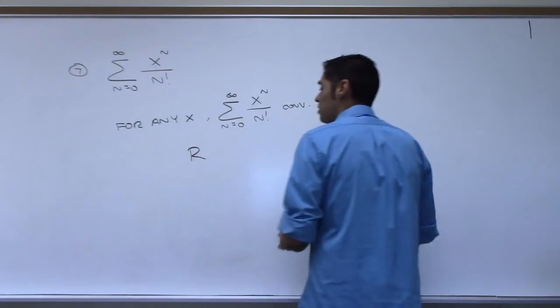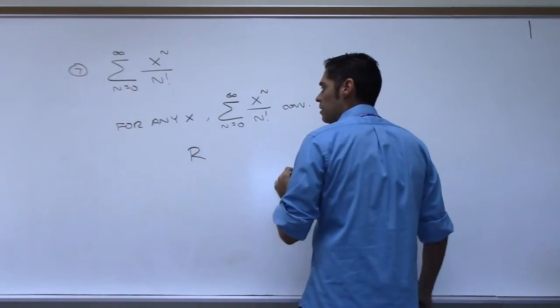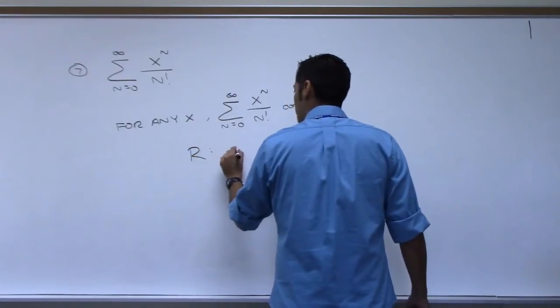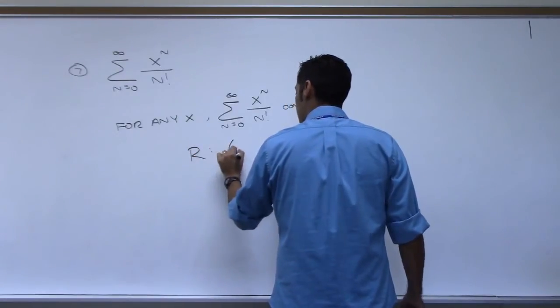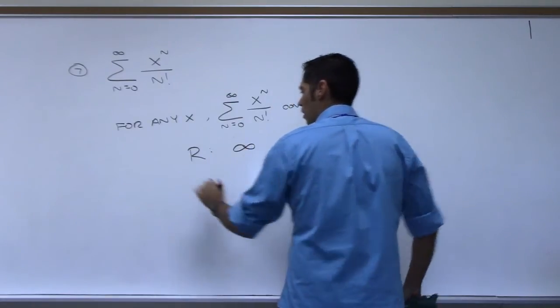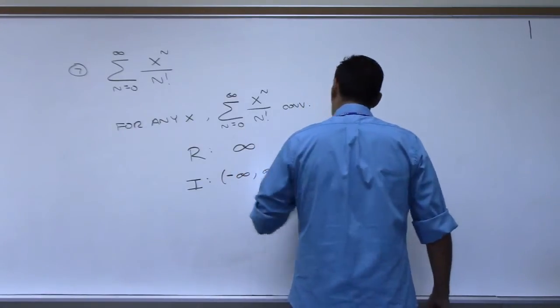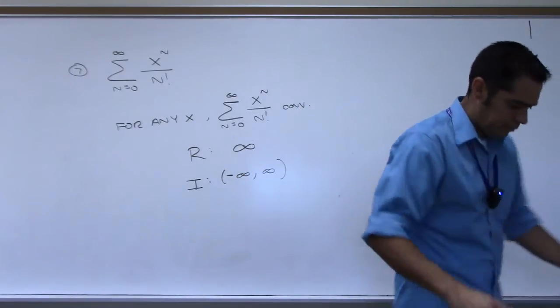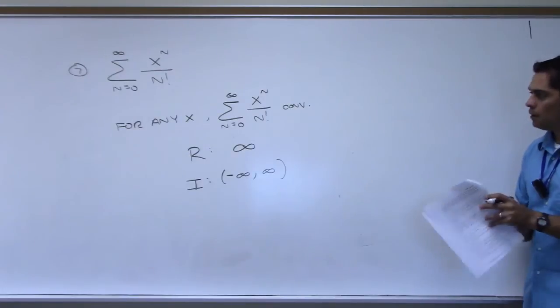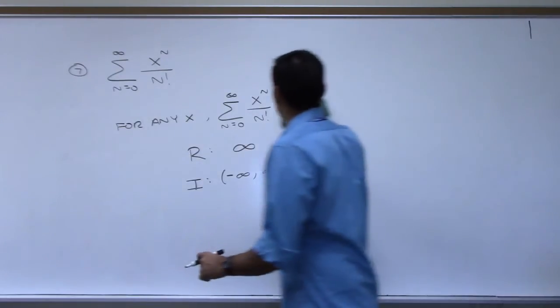Well, the radius of convergence is how big the interval is that x lies in. And since it can be any number, this would be an infinite interval. So it'd be everything. And the way we say that as an interval is negative infinity to positive infinity. All right. Next.